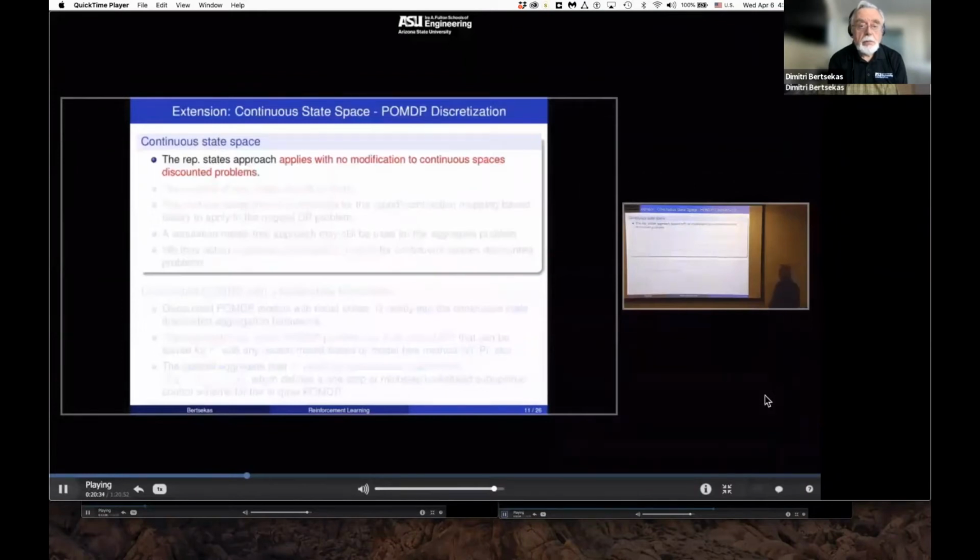Okay, now if you think back at the framework, you'll see that everything applies to the case where the state space is continuous. Okay, think of a continuous state space and get a finite number of representative states in there. If you can calculate the corresponding transition probabilities and corresponding costs, you have an approximation to the original continuous space problem.